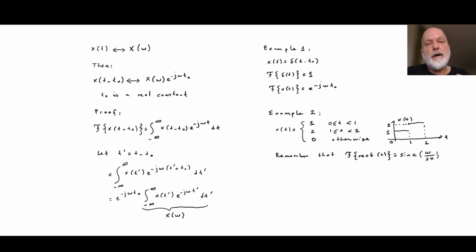We have the well-known Fourier transform pair: the Fourier transform of the rectangular pulse, which is equal to 1 for t between minus 1/2 and 1/2, is sinc of omega over 2 pi. So here rect is the following signal. It is equal to 1 between minus 1/2 and 1/2.